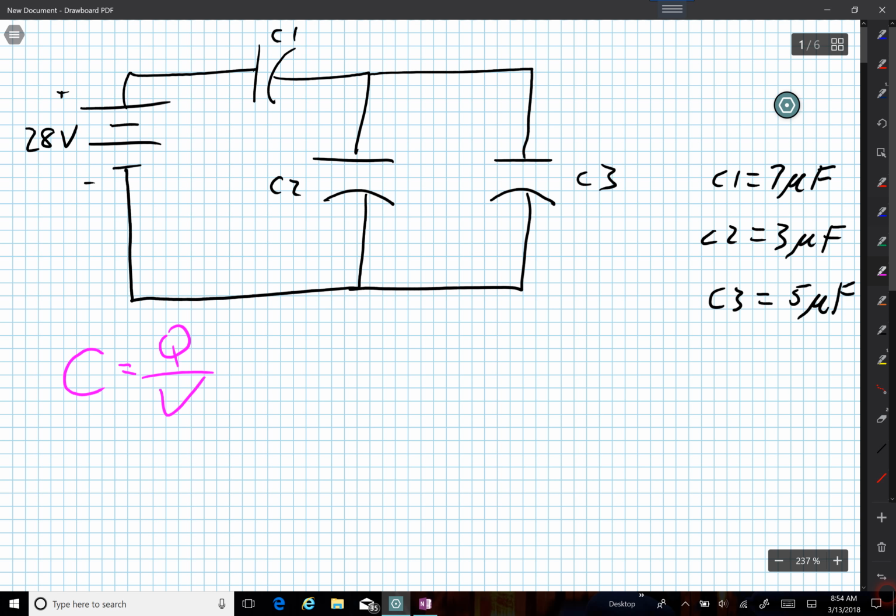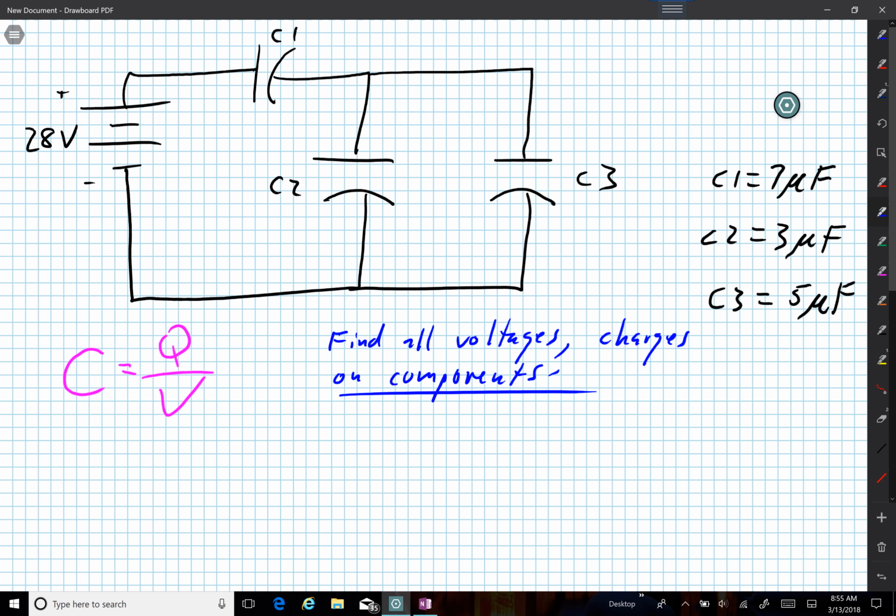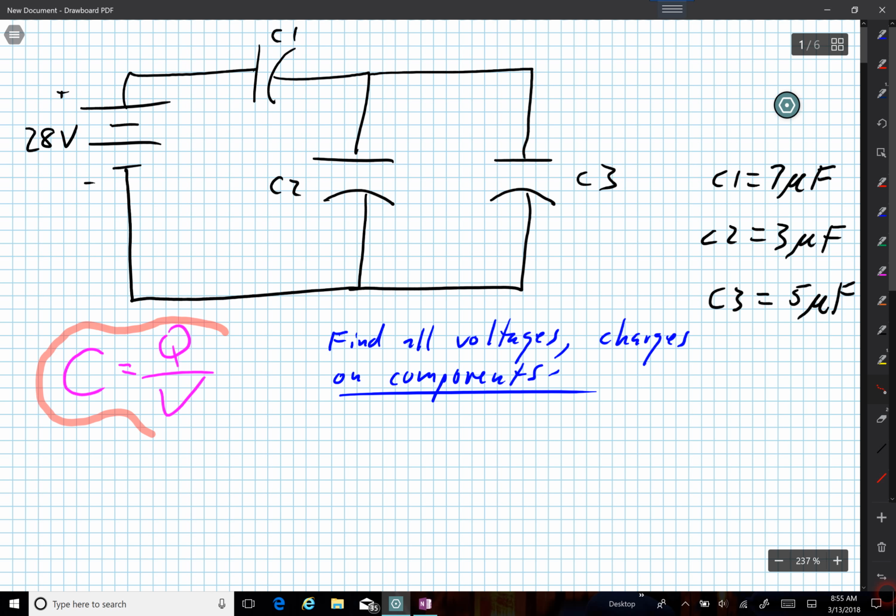So analyzing the circuit means we want to find all the voltages and all the charges that exist at various points or places in the circuit.